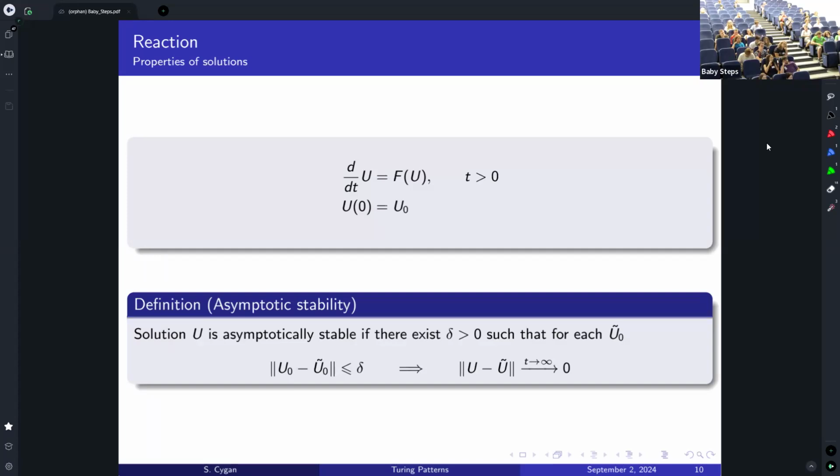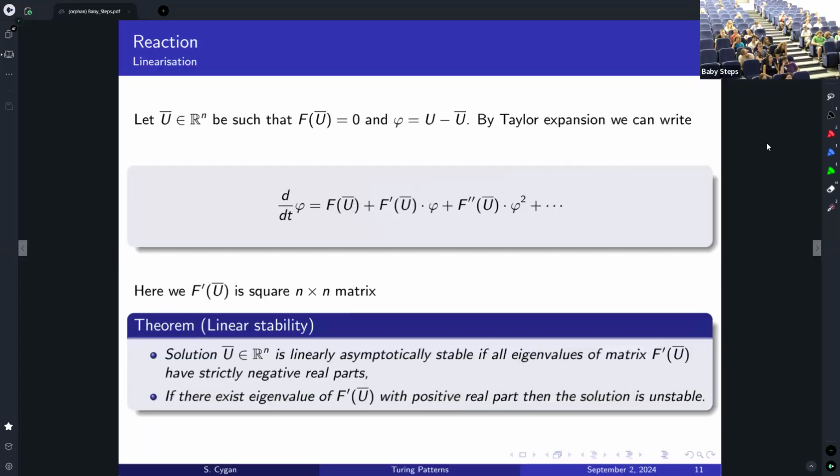So basically, stability means that if we introduce a small perturbation, then the solution of our differential equation will converge to our previous solution as time passes to infinity. It means that the small perturbation of the initial condition will not grow in time, so the perturbation will vanish as time passes to infinity.